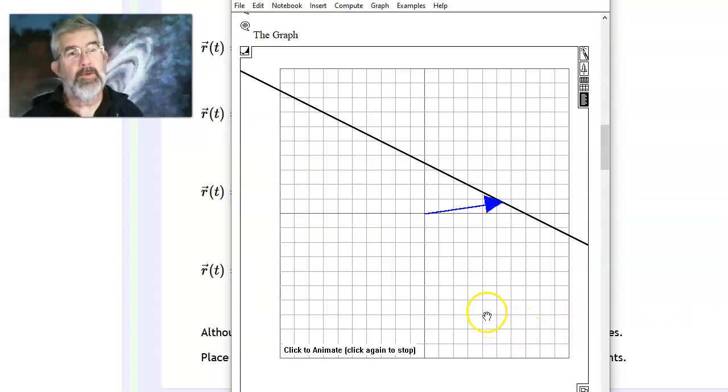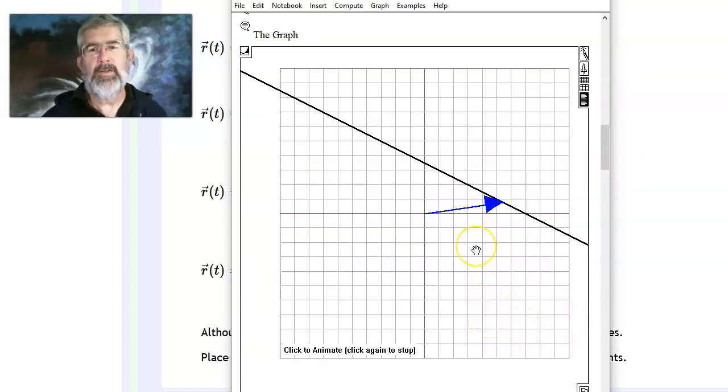So, for instance, let's take a look at this right here. This is the first example: r of t is 1 plus 2t, comma, 3 minus t. The black line is the curve which is described by those parametric equations. The blue vector here is just one such vector for one particular value of t.